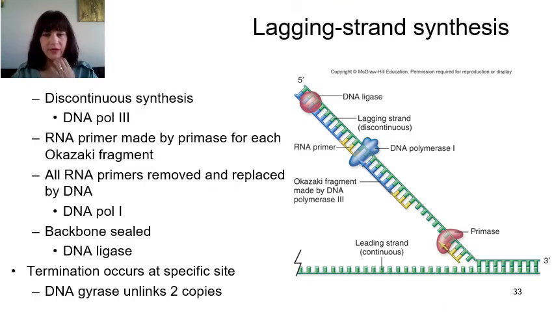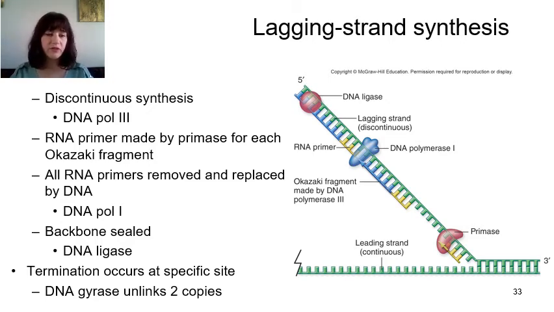Now, we talked about having this Okazaki fragment, right? We also talked about having primers, right? So we've got these primers that have to be taken care of, and then we also have these gaps, right, between these DNA fragments. And so we have the primase, right, that made the primers.